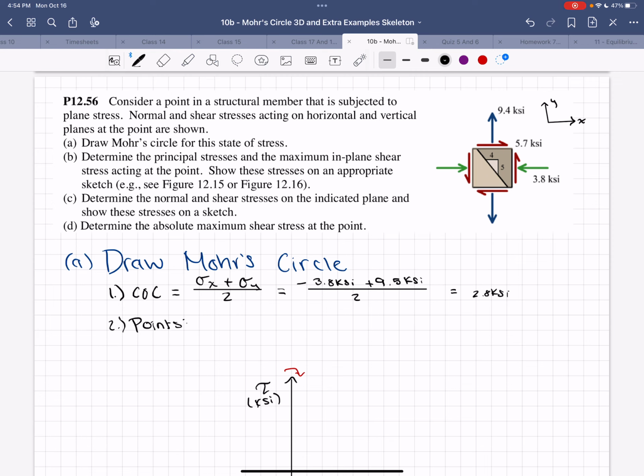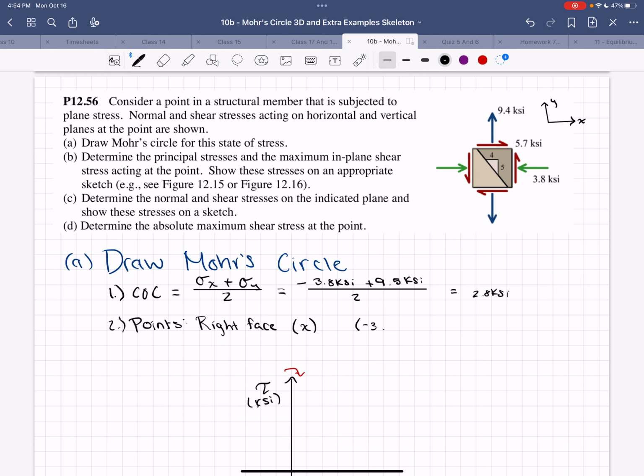Our points are going to be the right face. So that's this face right here, the normal and shear acting on that right face. I already said that the normal is negative 3.8, and this is also what we're calling the x face, the x direction.